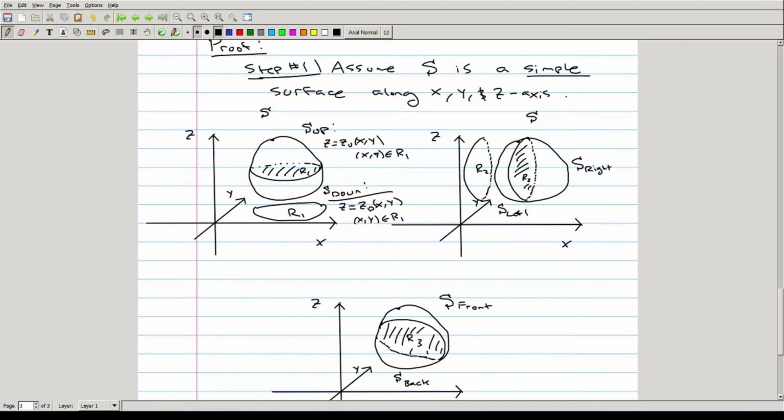So we could also parameterize the boundary as S right, where S right is giving us x is equal to a function x_R of y and z.